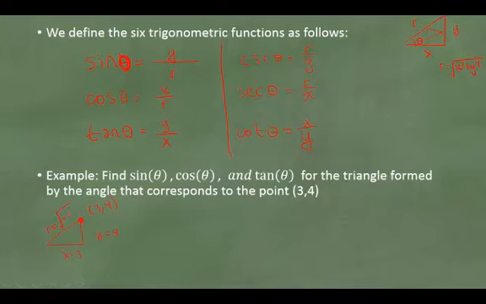So 9 plus 16, or 25. The square root of 25 is 5. So r is 5. Now all I need to do is remember what sine theta is. Sine theta is y over r, or 4 over 5. Cosine theta is x over r, or 3 over 5. Tangent theta is y over x, or 4 over 3.